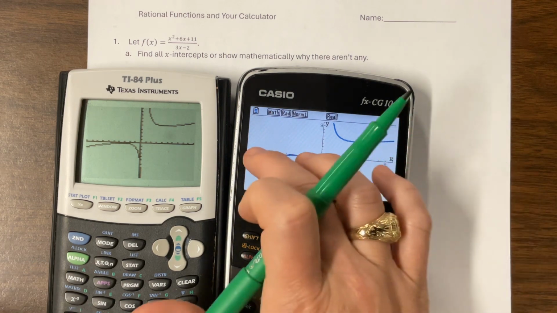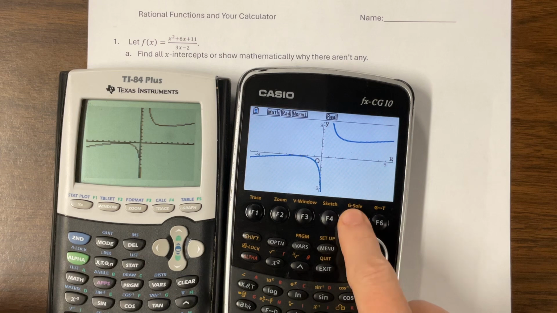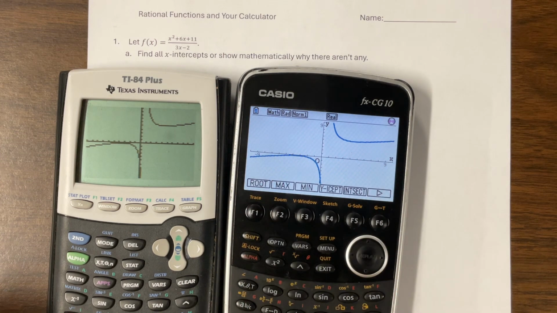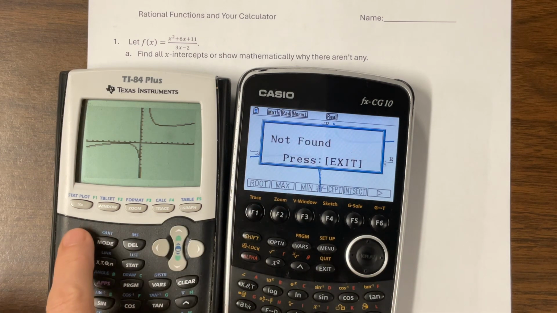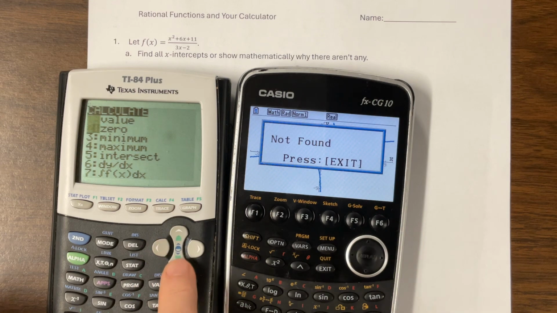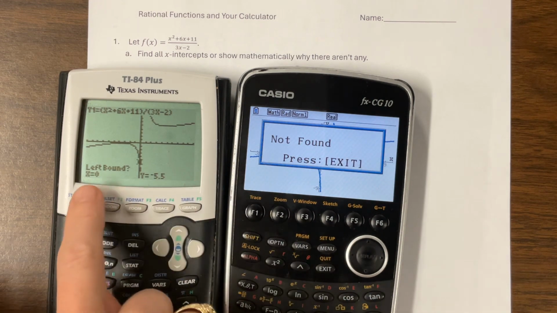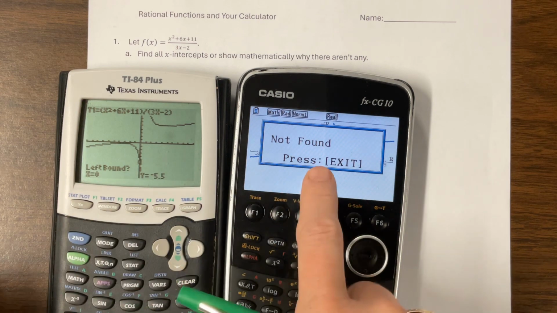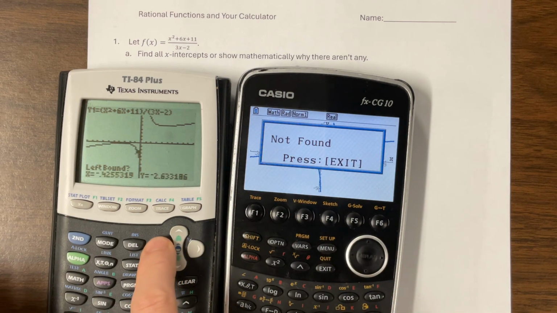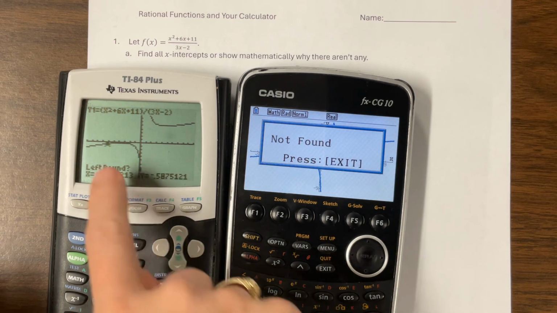It doesn't look like I have any zeros, but I can G-solve and find roots. Here I would do second calc, and then I can look for zeros. With the TI, it requires me to tell it where to look. This one is saying none, but I know there's none. I'm going to tell you how I know in just a minute. But I would say, well, maybe there's some through here.